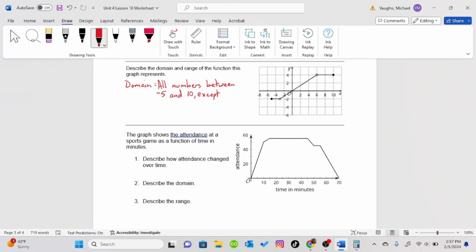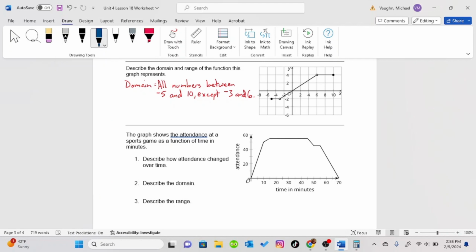And that happens at -3 and again at 6. So the domain is all numbers between -5 and 10, except -3 and 6.